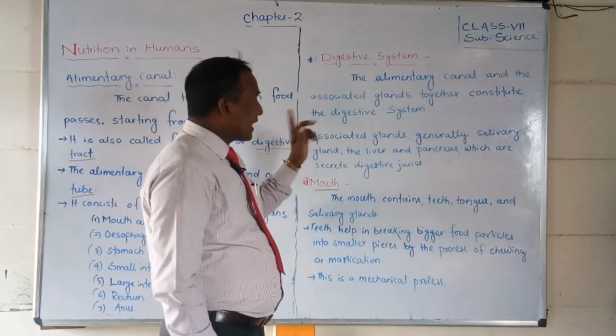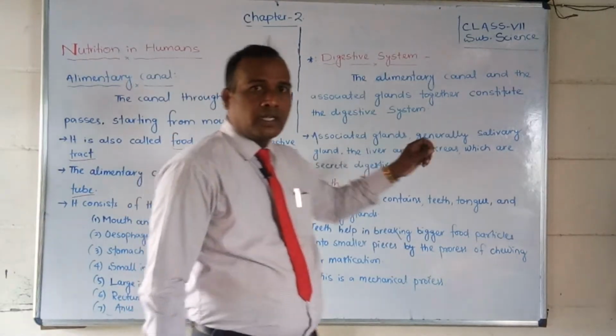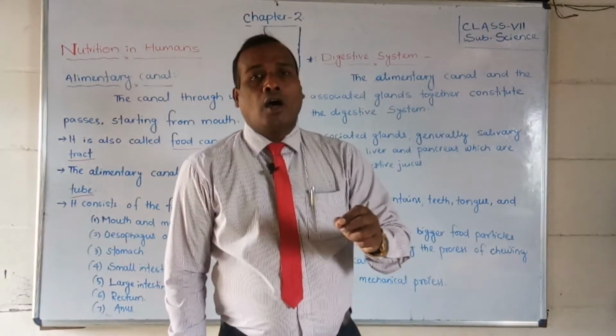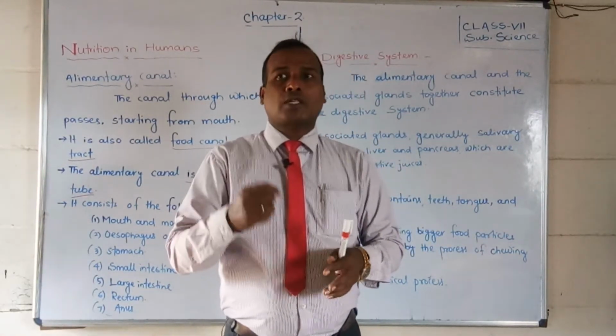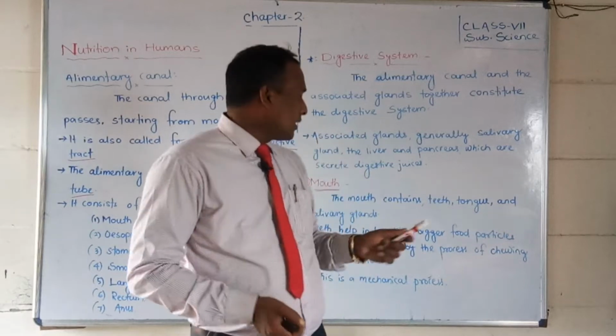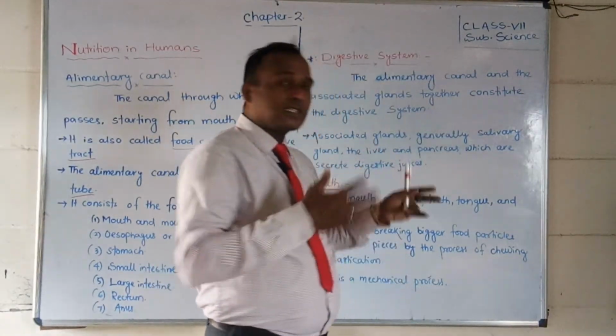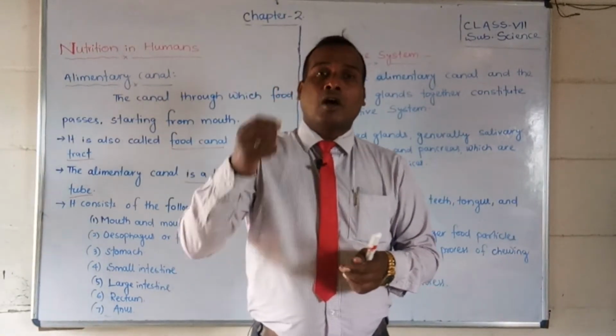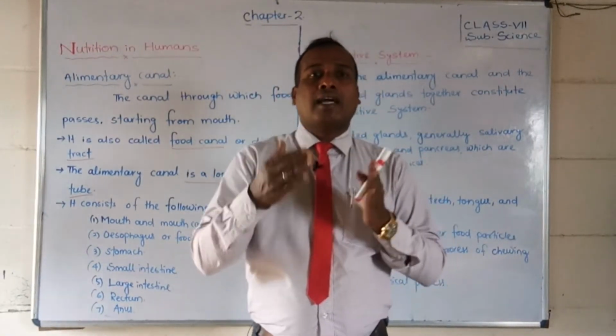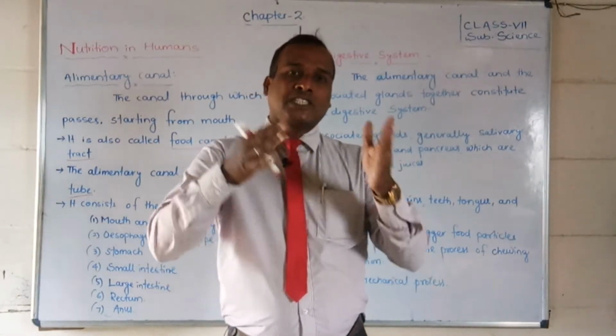Then another one is the liver. The liver is another gland, and it helps by secreting digestive juice. The pancreas is also there, and these glands help in digestion by secreting digestive juice, which mixes with the food.